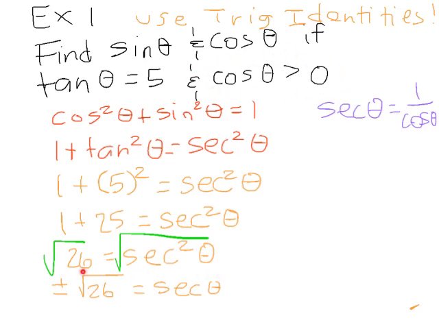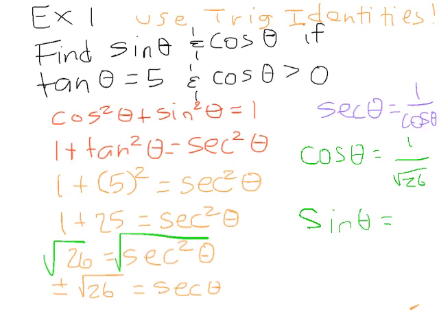By the way, what have we discovered down here? We've discovered what the cosine is. The cosine is just going to be the reciprocal of the secant. So we found one of our pieces: cosine of theta is equal to 1 over the square root of 26. Now we just have to find the sine of theta.